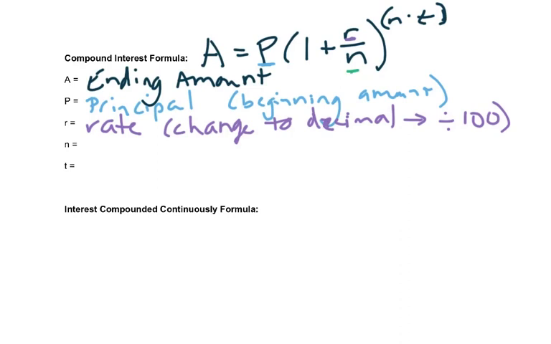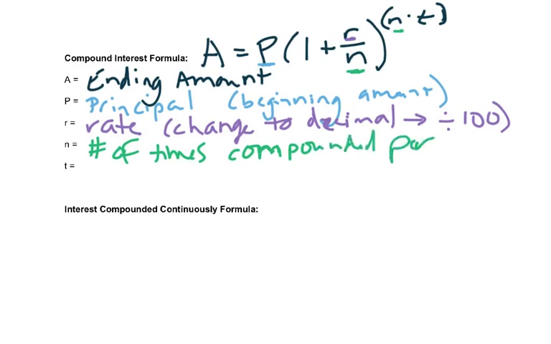N, it's here and in the exponent, is the number of times it's compounded per year. And T is the number of years. Be careful, it has to be years.